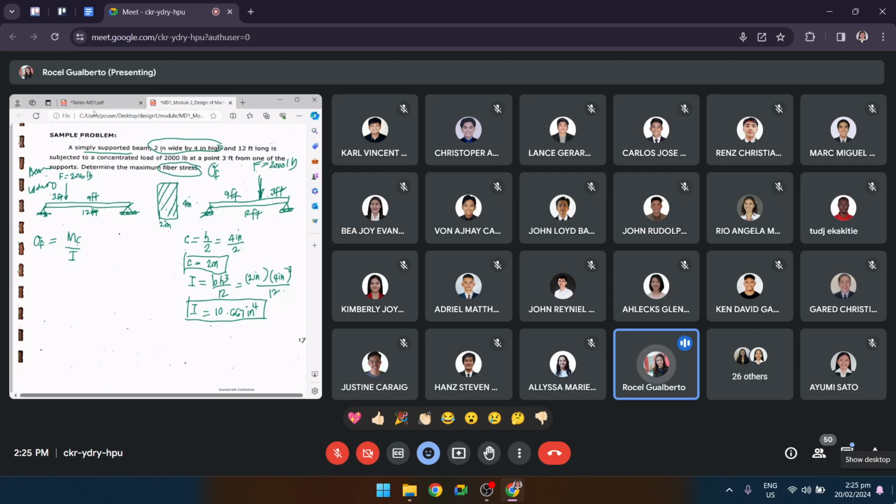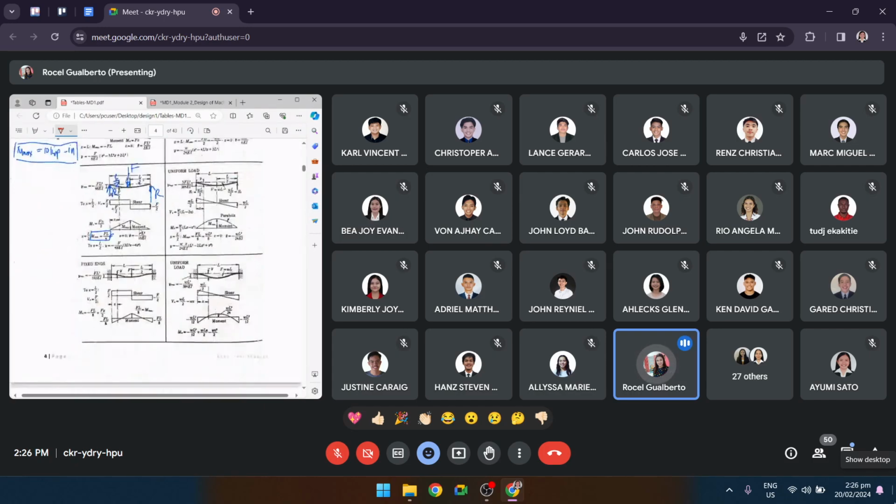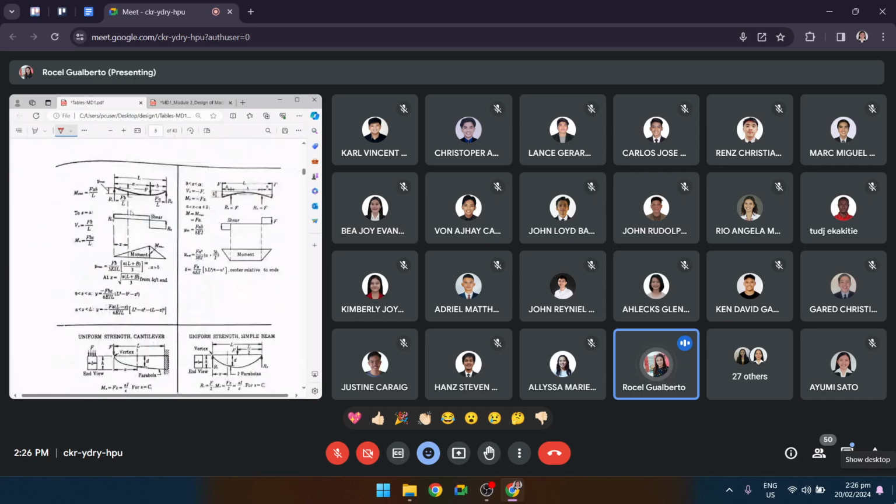Let us see if there is one similar to the given. You look at the first column, the concentrated load. It is the same on page 5. You look at the first row on page 5. It would be the same as this.